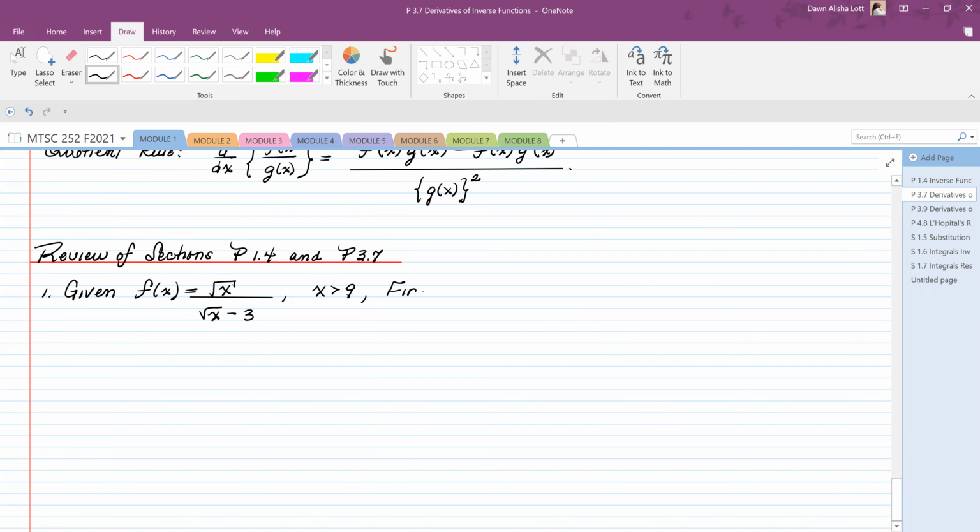Find f inverse of x. So how do you go about finding the actual inverse of this function?